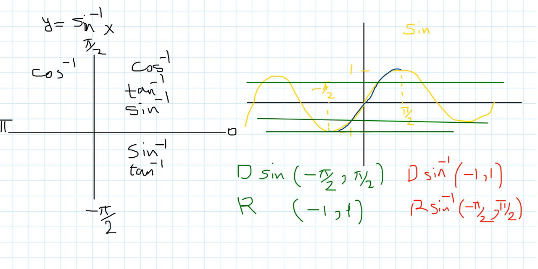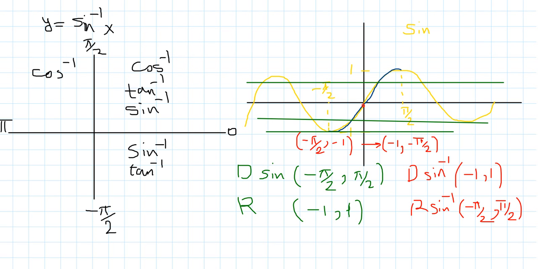Suppose that if I have here -pi/2 and -1, on sine inverse I will have -1 and -pi/2. We can switch them easily.